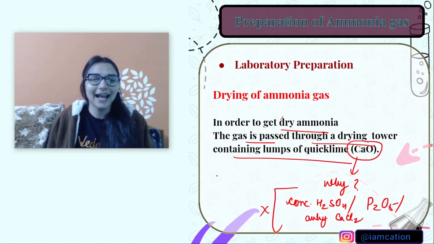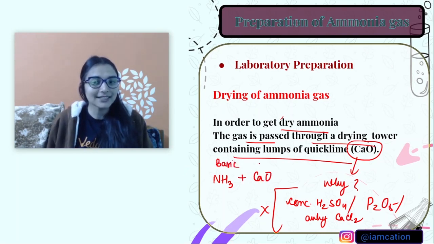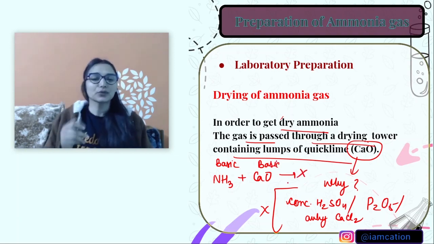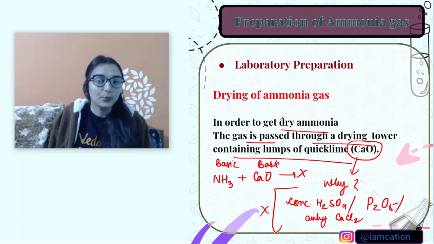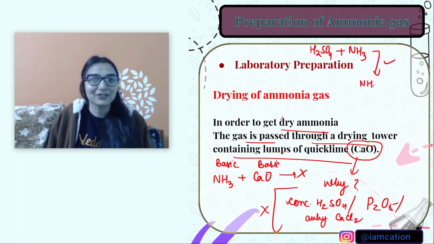The reason is that ammonia is a basic gas, and metal oxides are basic in nature. There won't be any reaction that calcium oxide would show with ammonia. But if I talk about concentrated sulfuric acid with ammonia, an acid with a base, there would be a reaction.